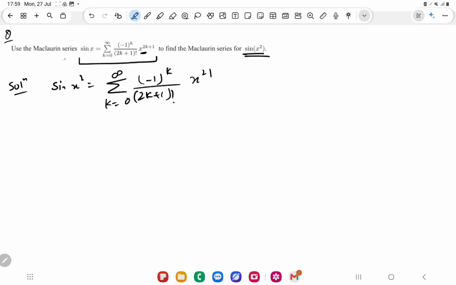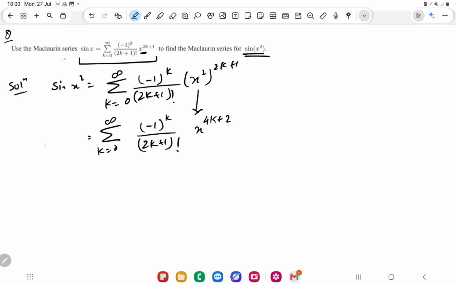Now instead of x I will write x square and then this. Now this I can write as x to the power 4k plus 2 and everything else will remain the same. K is equals to 0 to infinity. So this is my expansion for sin x square. Now there is no need to further expand.